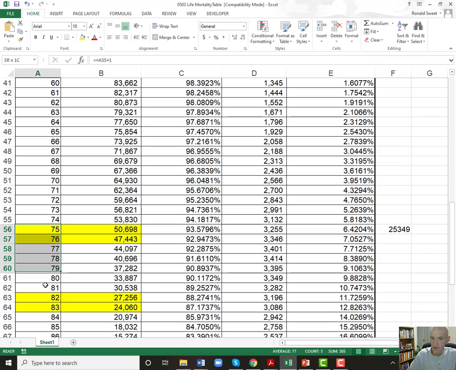So a 75-year-old is expected to live to a later age than a 25-year-old. Not live more years. The 75-year-old is only expected to live about 7 more years. The 25-year-old is expected to live about 50 more years, but the life expectancy is the age they make it to, not the number of more years.